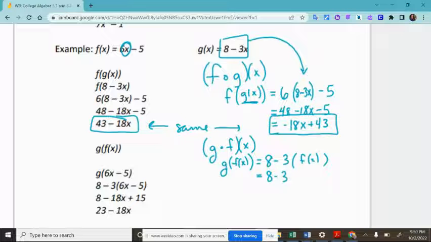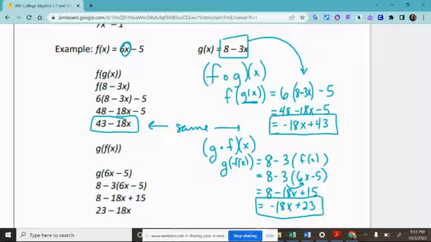And the whole function f of x is 6x minus 5. And then we'll clean it up. We'll see if we get the same answer. Let's see. Negative 3 times 6x is negative 18x. Negative 3 times negative 5 is positive 15. Combine our like terms. Negative 18x plus 23. That is not the same as what we got up here.